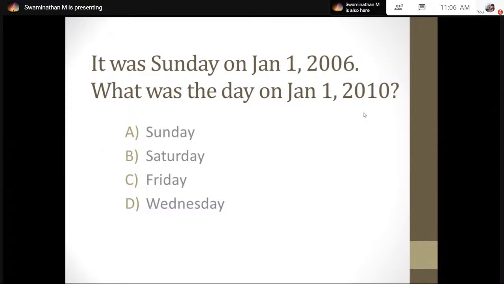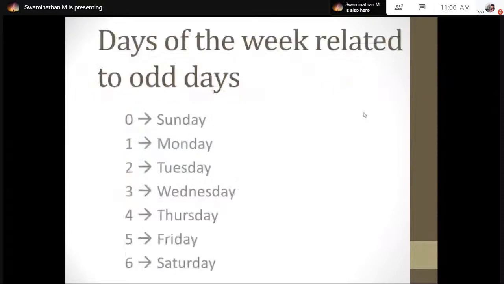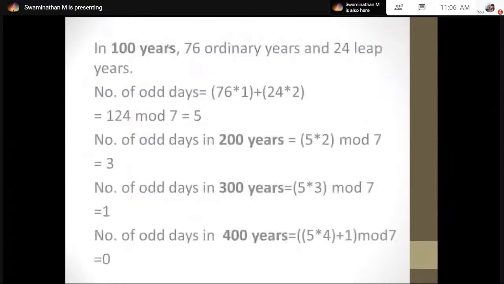I'm seeing a few questions in the chat. Do all century years have 0 odd days? Yes, it is true. And for 100 years, why is it 76 ordinary years? For 100 years, every 4th year will be a leap year.